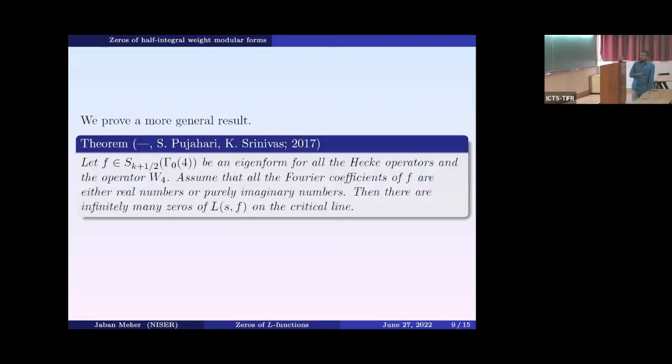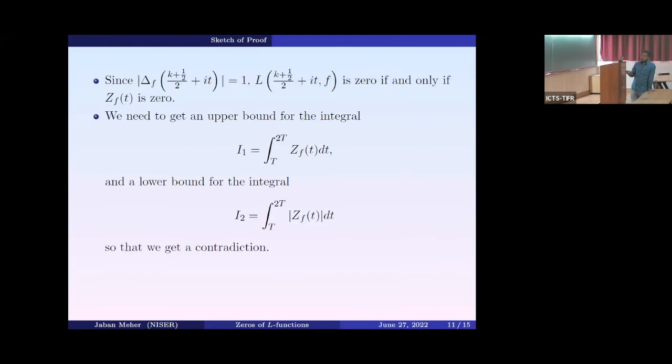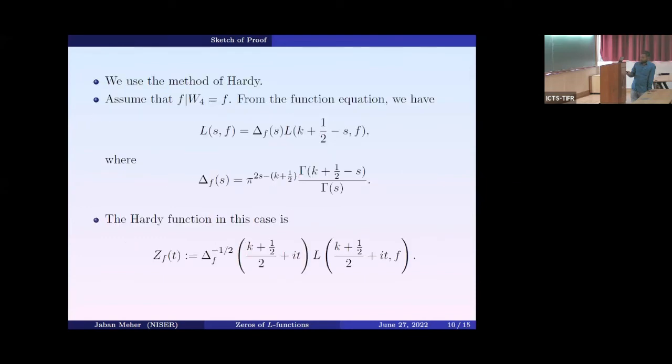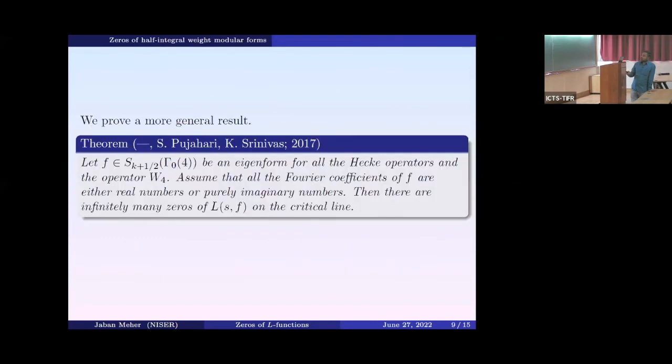And this is in fact true. In fact, we prove a more general result, a joint work with Pujari and Srinivas. If we take a cusp form on gamma_0(4) which is an eigenform for all Hecke operators and the operator W4, because we want f|W4 to be f.